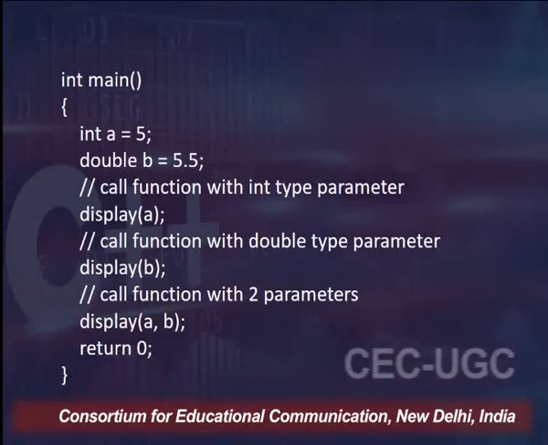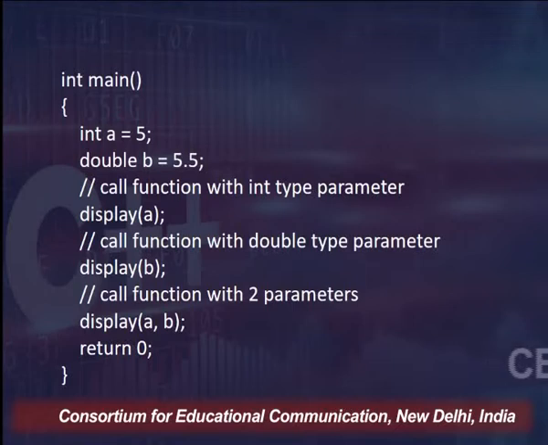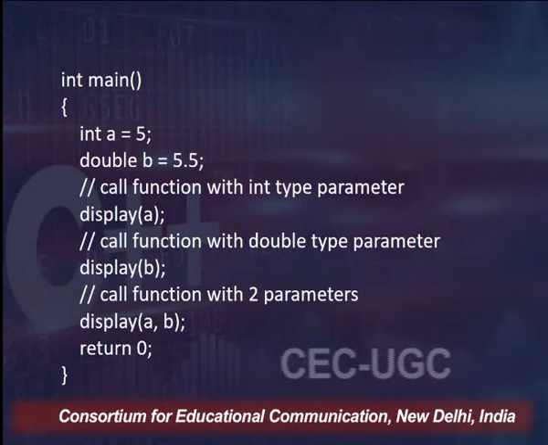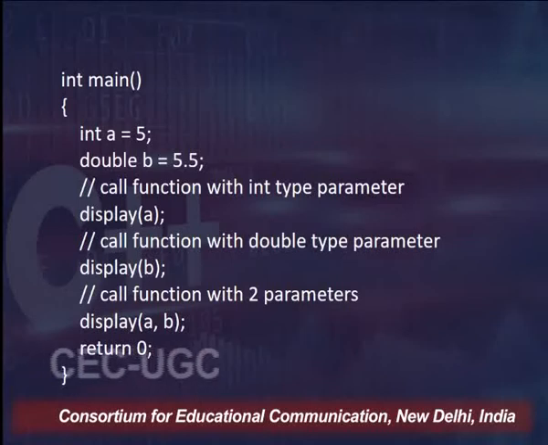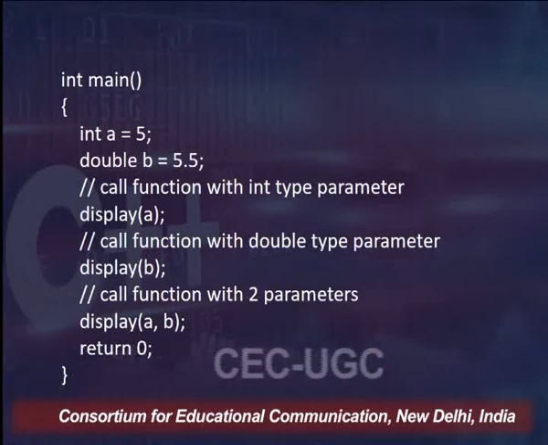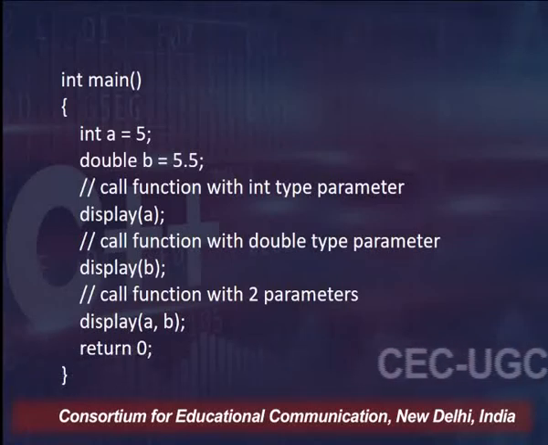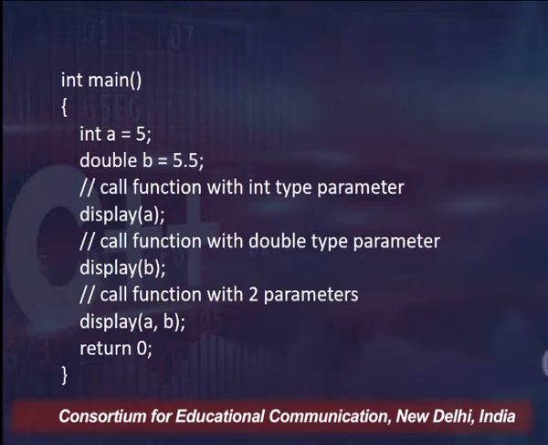So the first function call is with only one integer type parameter, the second function call is with one double type parameter, and the third function call is with two parameters, shown here as display a comma b. It's very simple to guess what is happening inside.